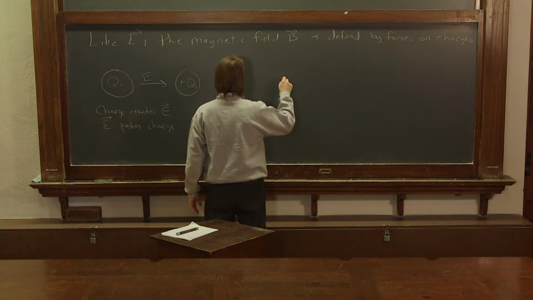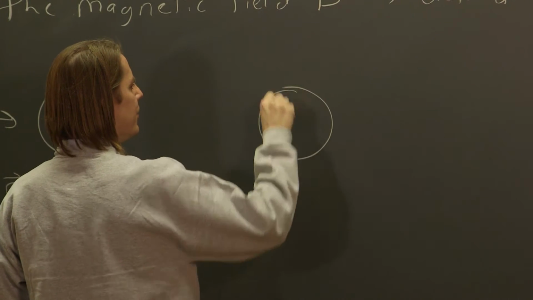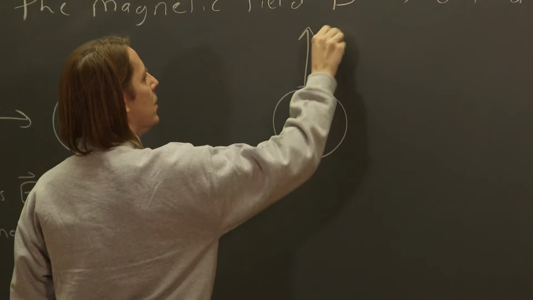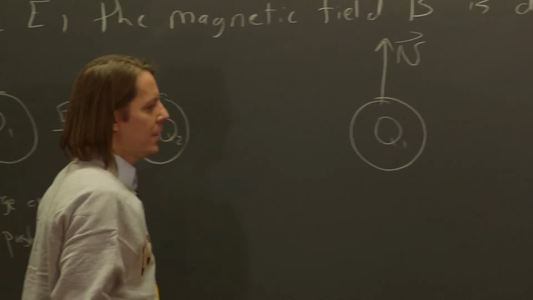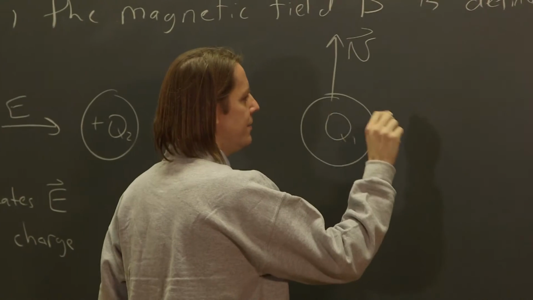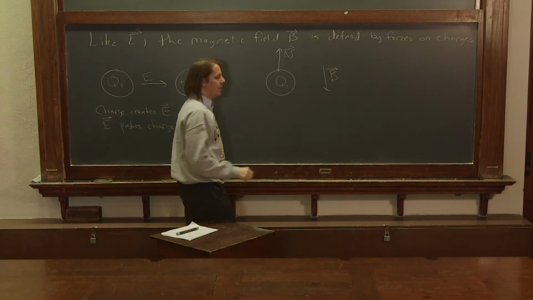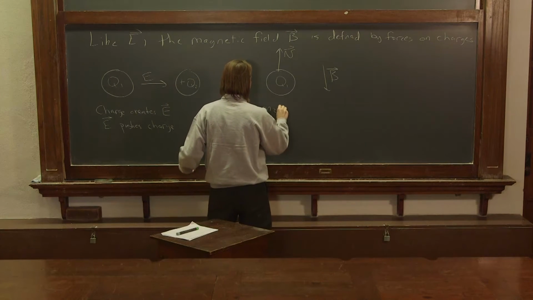So for the B field, it's almost the same thing. For the B field, we have a charge here that's moving with some velocity v. And that moving charge creates a B field. So you just put the word moving in front.